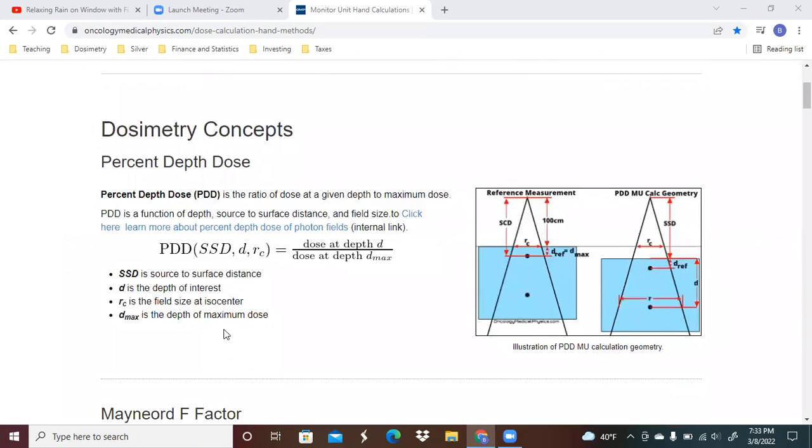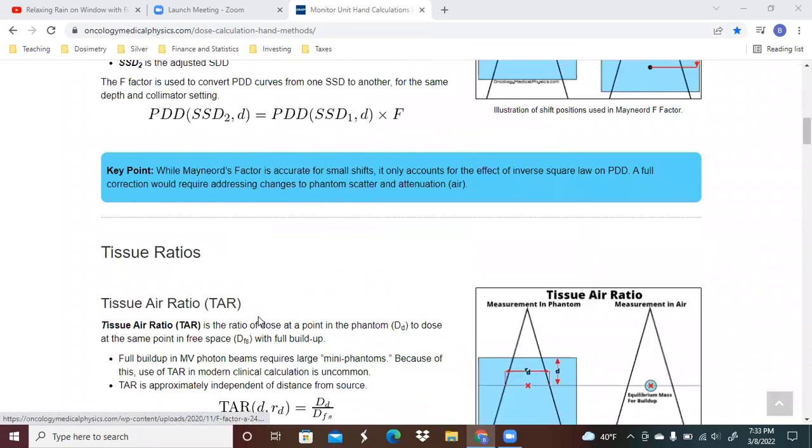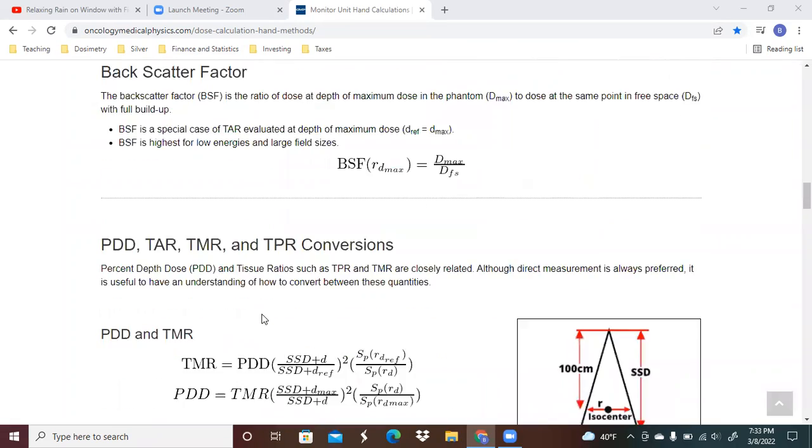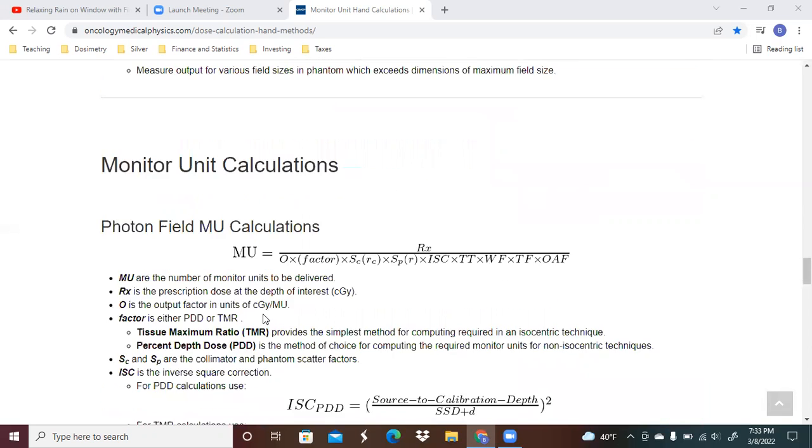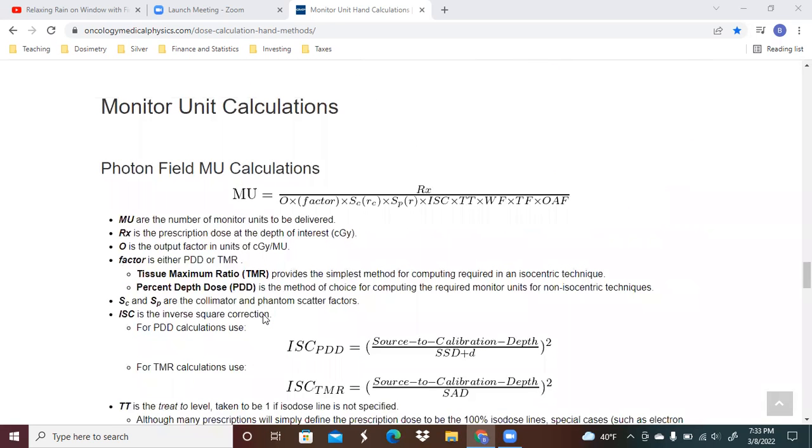It's not so much an advertisement for this place as it is just that they're the ones that put the summary together. And I want you to be able to understand where these monitor unit calculations come from and what factors are used in order to generate a monitor unit calculation.